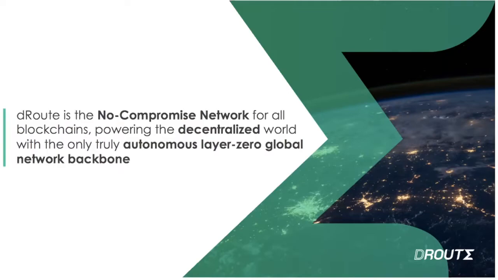What we are doing is trying to help those efforts by building a low latency, highly performant layer 0 global architecture. A global network that is fully decentralized, low latency, highly performant, and completely autonomous. So that's the solution that we are bringing to the table.